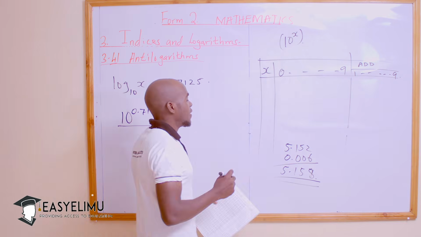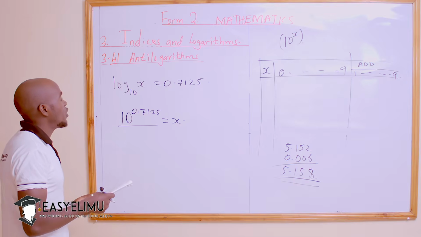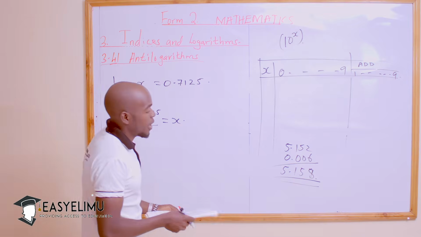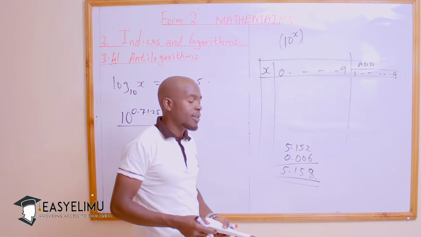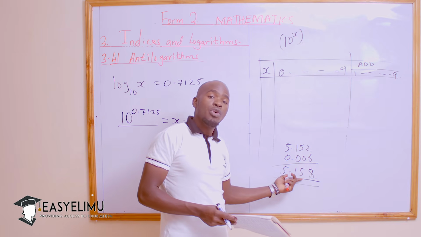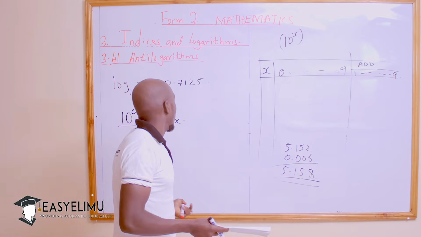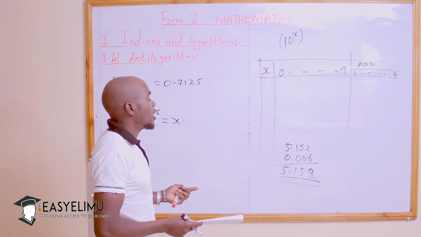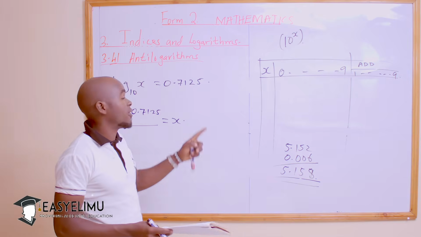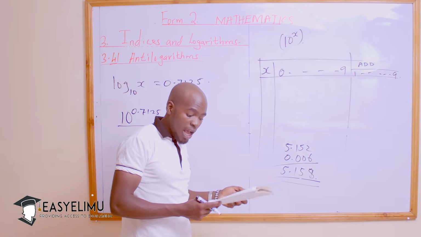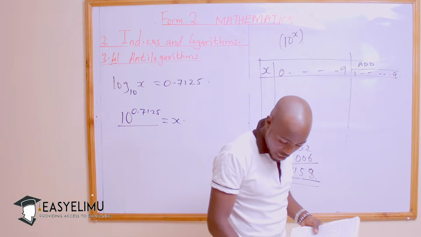So this is the anti-logarithm of 0.7125. In other words, this is the number to which the base 10 was raised in order to get 0.7125.